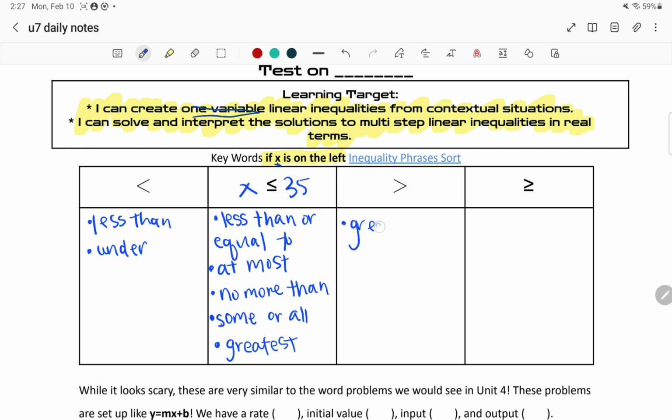Greater than, let's say greater than. And the opposite of under is over. What's greater than? It can be over $35, okay? Last is greater than or equal to.